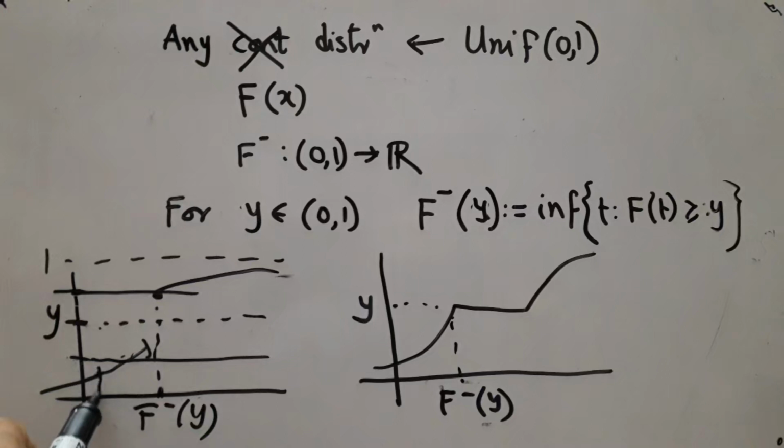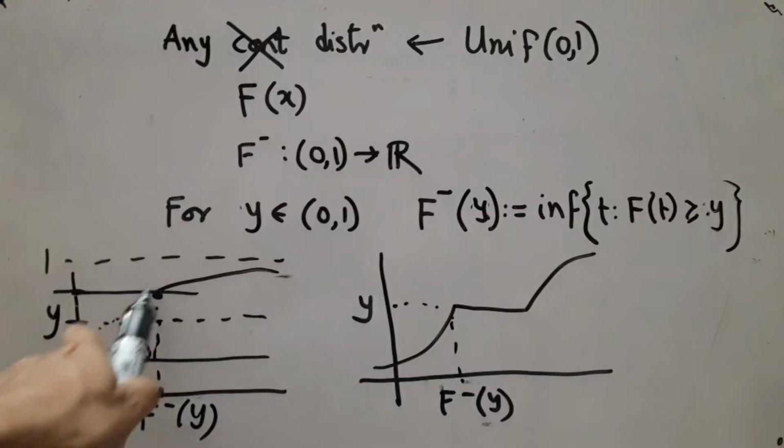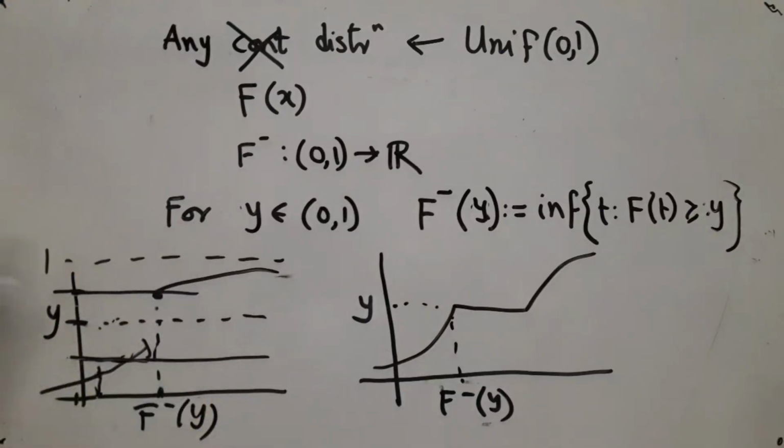So that point must be a lower bound for this set, because if you take some point even to its left, it will be less than even this line. So how can it be more than y? So this is a non-empty set and it is bounded from below, so its infimum exists, and that is what we have defined like this.